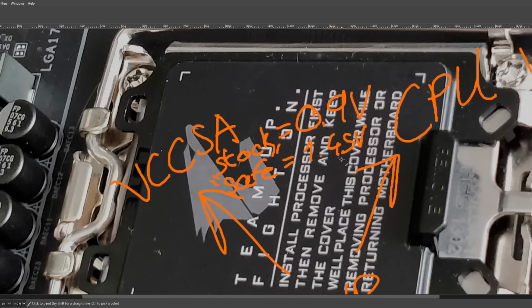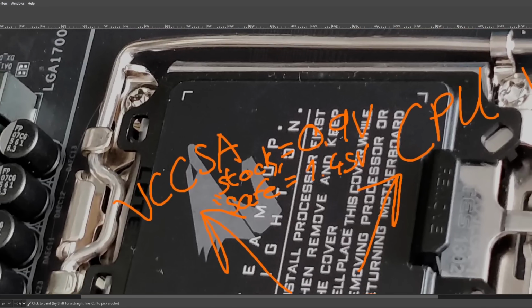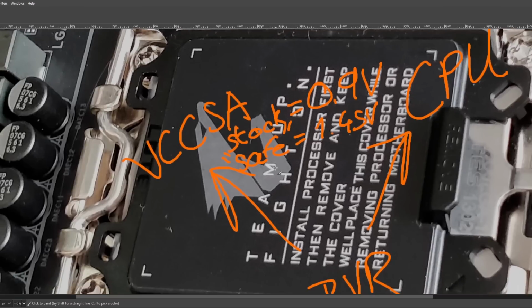In fact, if you're running slower DDR5 kits, you can get away with even less than a volt for VCCSA, and it really isn't an issue. And by slower, I mean less than 6,000 megabits per second. Even at 6,200 megabits per second, you can get away with 0.95 volts of VCCSA or around 1 volt, and it'll be just fine. So this is a voltage that you really shouldn't have to raise too much.